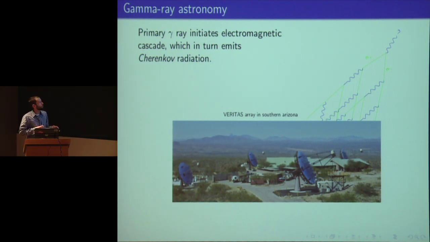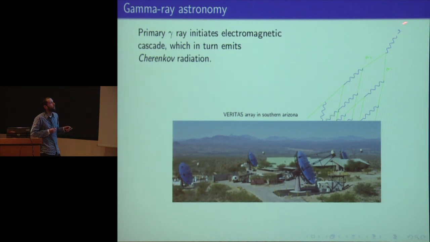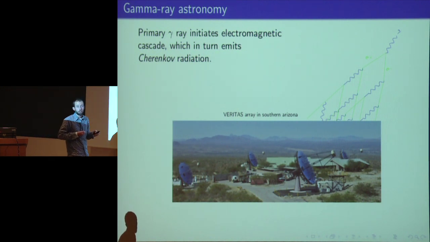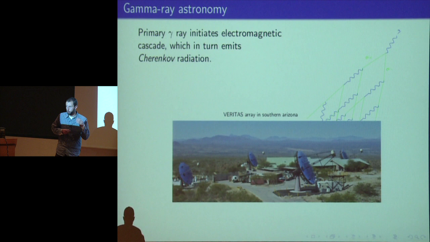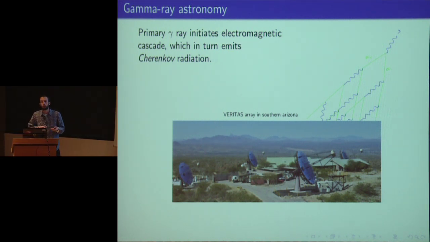The idea of ground-based gamma ray astronomy is that you have a very high energy particle, a very high energy gamma ray photon, that interacts at the top of the atmosphere. It interacts with a nucleus, and it generates a particle shower. This particle shower travels faster than the speed of light in the medium, and it generates Cherenkov light.